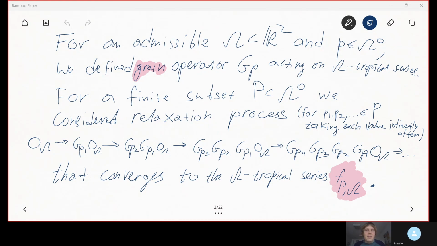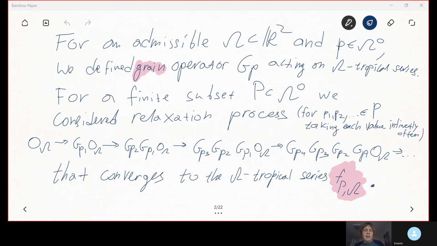Very good. Okay, so first I recall that last time we talked about the purely tropical model, which is inspired by the sandpile model, which is called tropical sandpile, and there you deal with admissible domains, let's say on the plane, and for a single point in the interior we defined the operator GP, which plays a crucial role in all this business, which acts on the set of omega tropical series and morally, it's like adding a grain at P, relaxing and removing the grain.